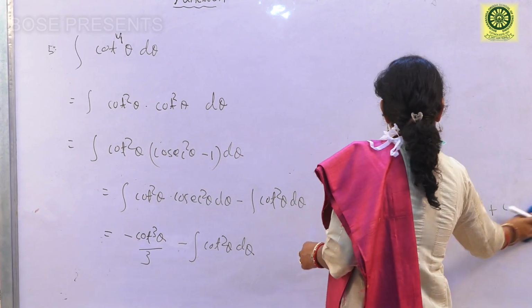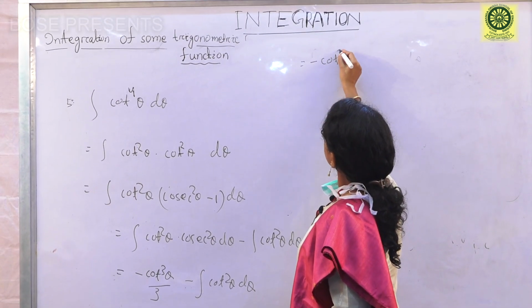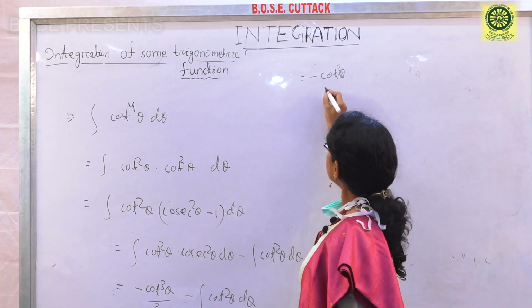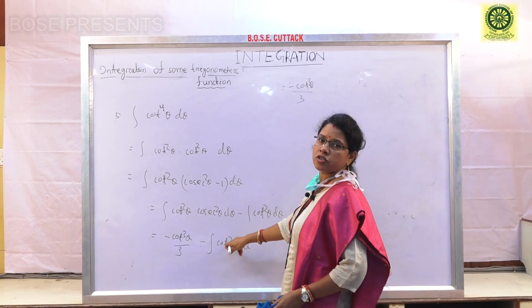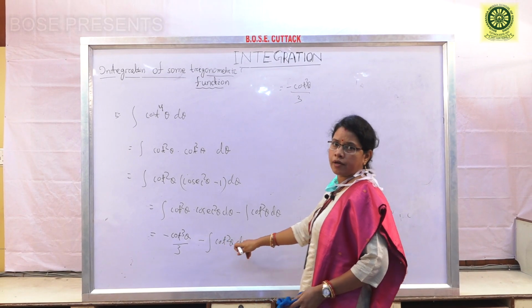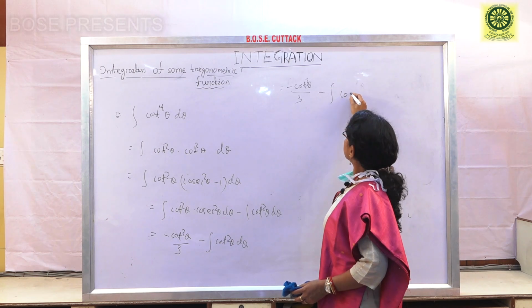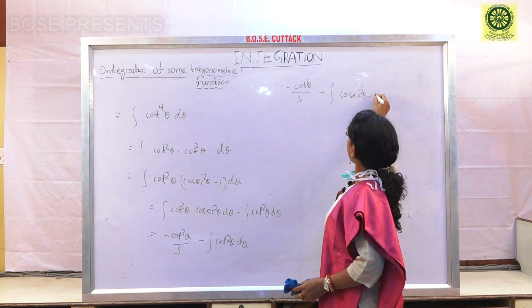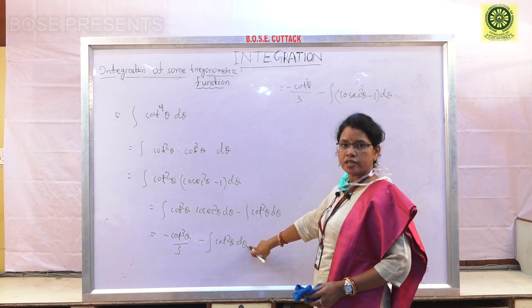Now our next step is minus cot cube theta by 3. This is the first term. Just write that first term, and we have to now integrate this cot square theta. There is no direct formula for integrating cot square theta. So just convert this to cosec square theta minus 1, and we have to integrate this with respect to theta.